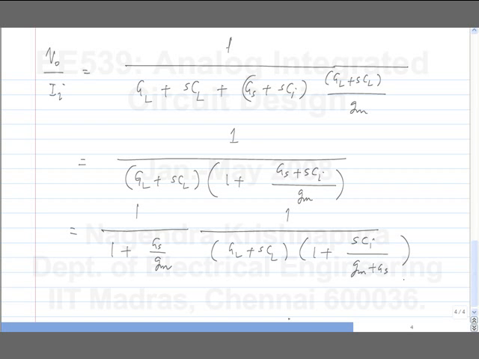So as expected, we do get the correct answer if you neglect GDS. So if you don't neglect it, you will get a slightly modified version of the transfer function. If you want, you can put typical values of GDS into it and calculate the poles.